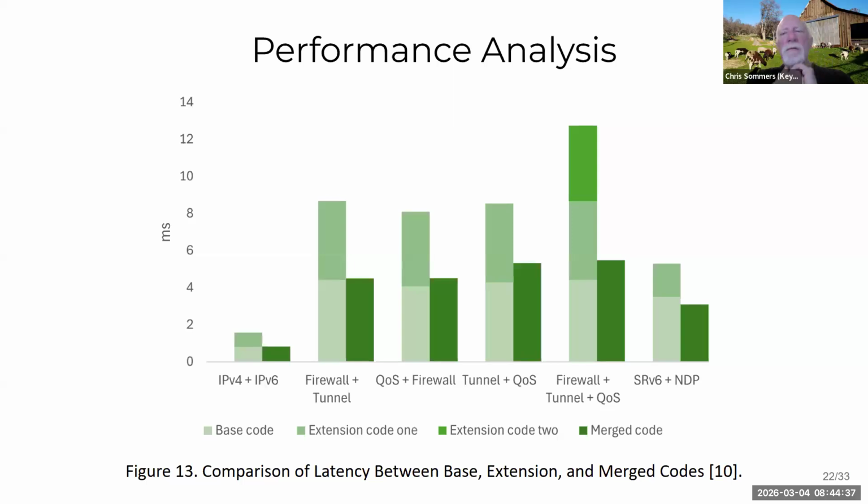The only one where we actually see benefit is SRv6 plus NDP, but that's because when we test the merged code, we take an average. If some packets pass through SRv6 and some through NDP, then we don't always have the SRv6 latency; we sometimes have the NDP latency. So it's an average between both.